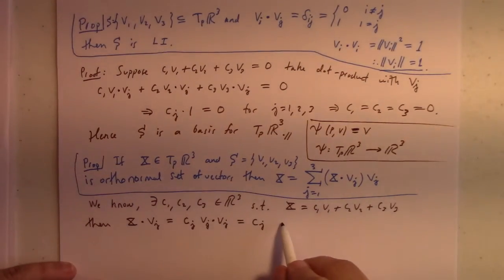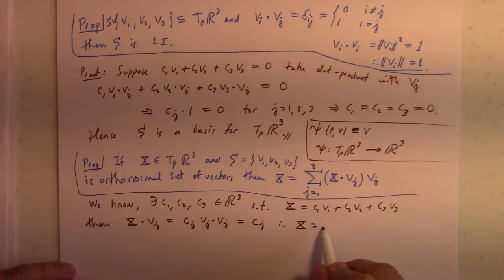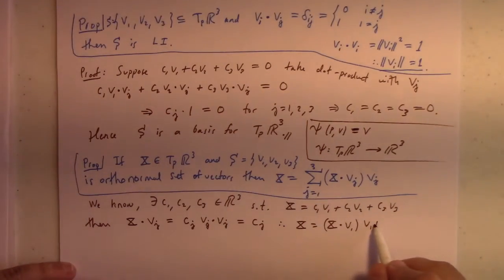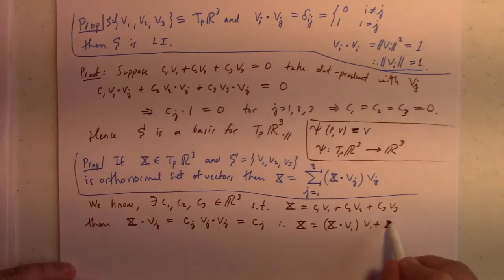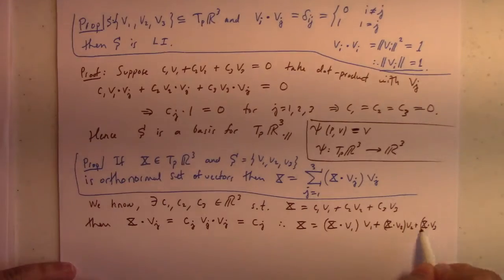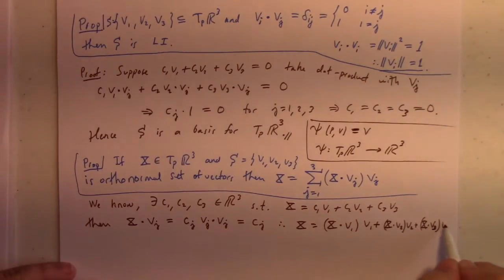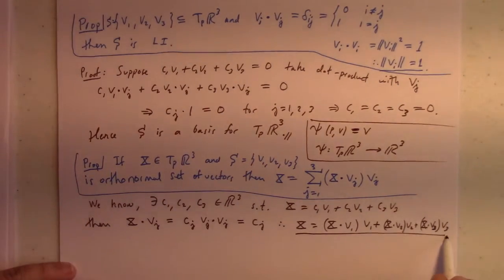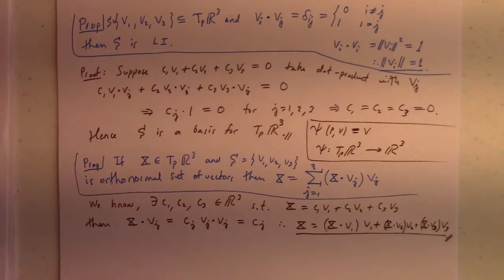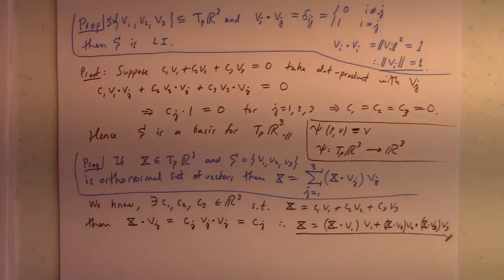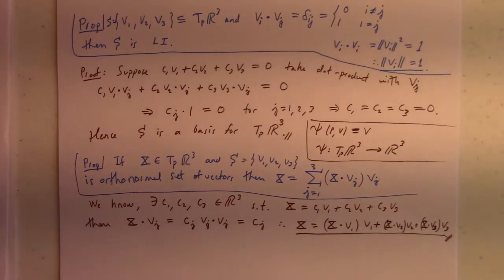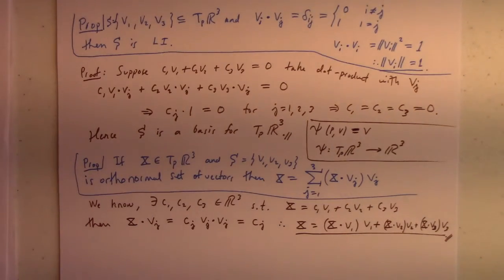So, therefore, X is equal to X dot V1, V1 plus X dot V2, V2 plus X dot V3, V3. This is my punishment for not writing the summation sign. This is really one of the fundamental importances of the orthonormal basis: we can select components with respect to an orthonormal basis simply by taking dot products.